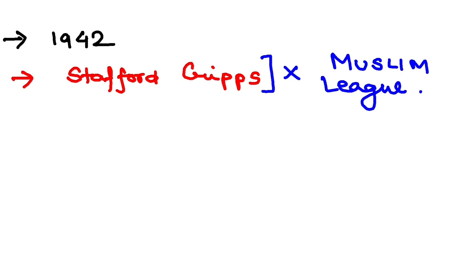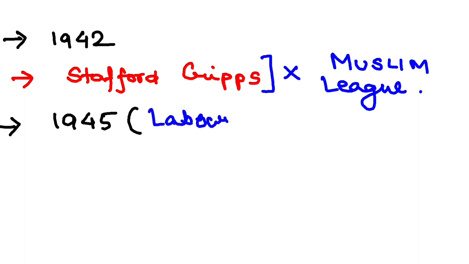After that, something very interesting happened in 1945. In 1945, elections were held in England and the Labour Party formed their government over there. The Labour Party was in favor of framing a Constituent Assembly for India.